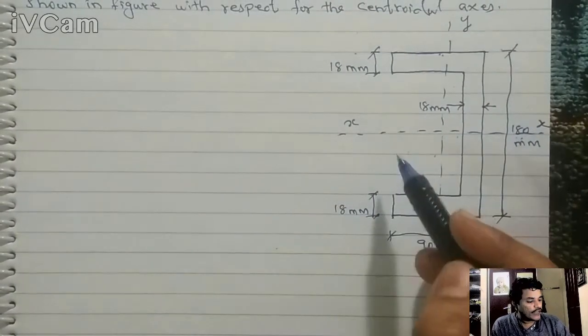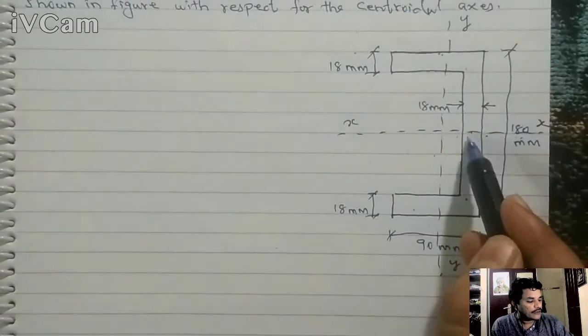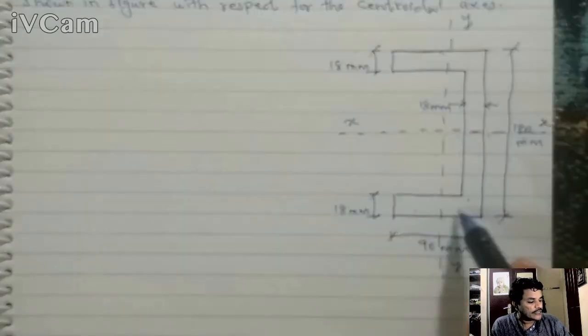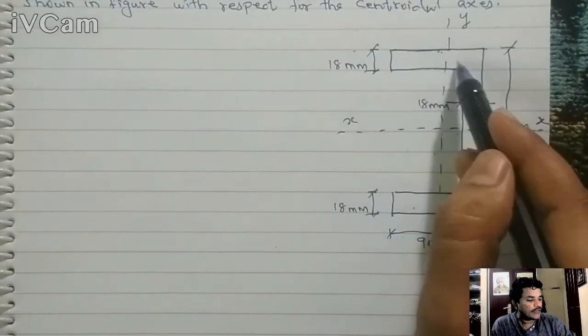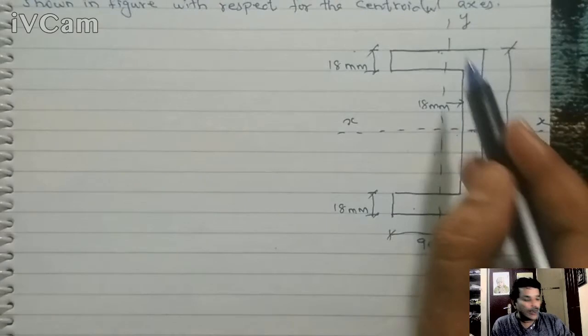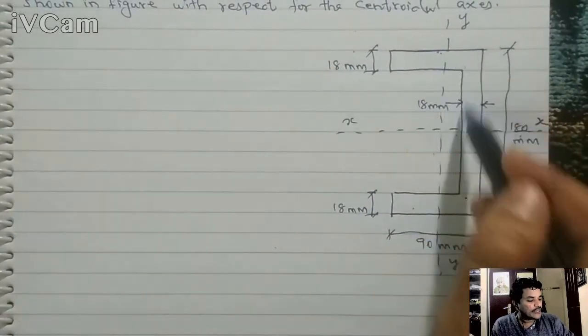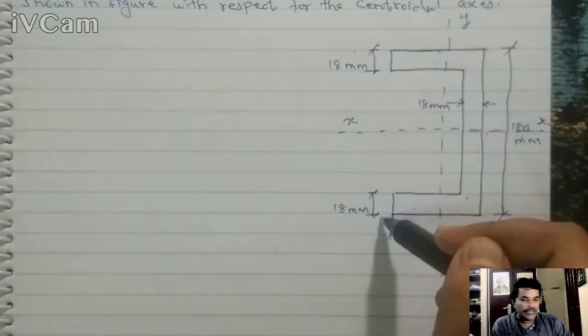We can cut this section into 2 equal angle sections: below the X axis there is one angle, above the X axis there is an equal angle. So this section is symmetrical about the XX plane and unsymmetrical about the YY plane. If you cut in the Y direction, the equal amount is not available on the other side.